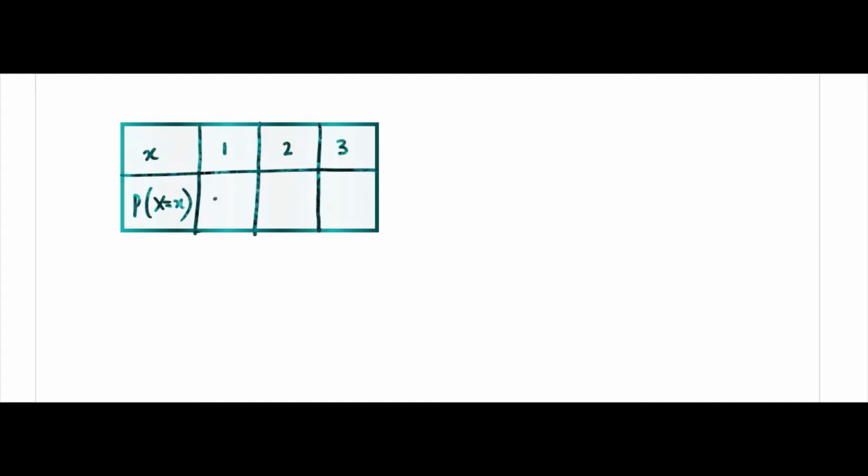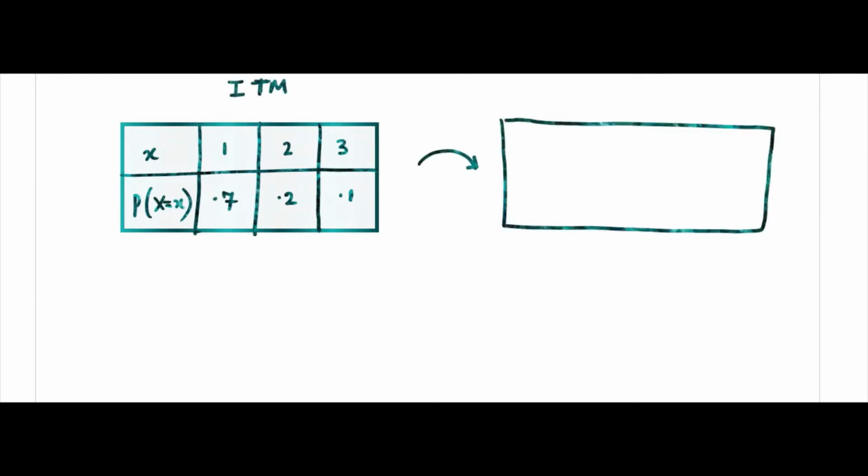Then the probabilities I will write 0.7, 0.2, 0.1. Total probability is 1. This is a discrete distribution. And you want to simulate numbers from this. So what you need to do is, this is not fx here, this is small. Again we are using inverse transform method. So we'll find capital Fx, that is up to.